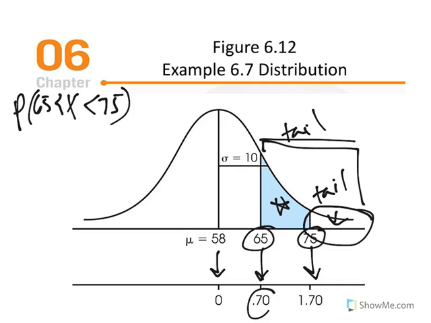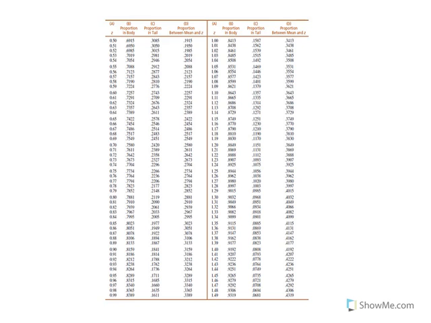So we have our z-scores, and what we're going to do is report the tail for both. So the z-scores of interest are 0.7 and z equal to 1.7. So I'm going to find those here, and again, the tail is the area of interest. So 0.7 and 1.7 will be on the next page.